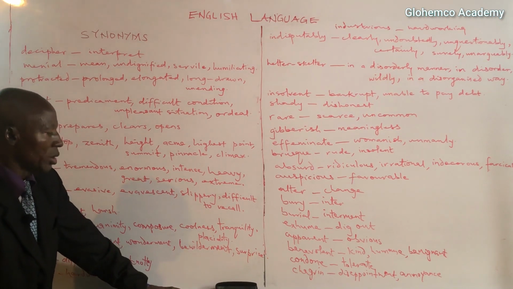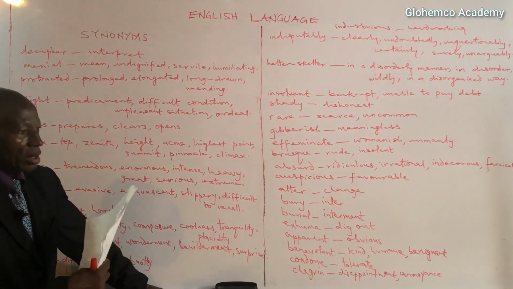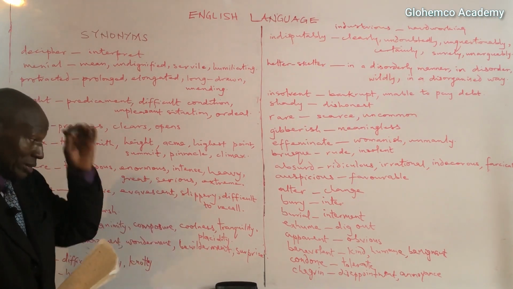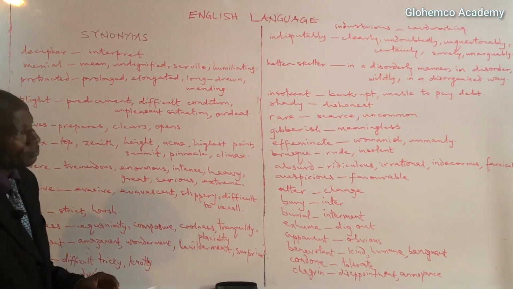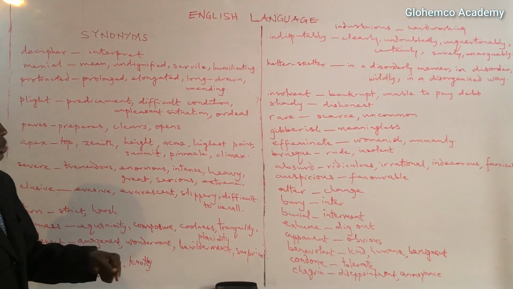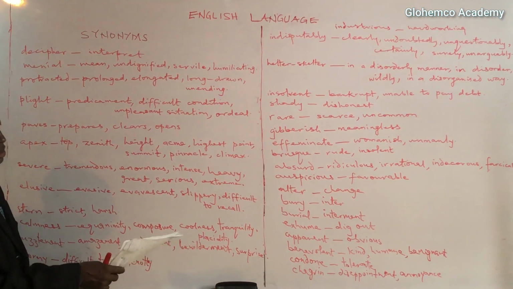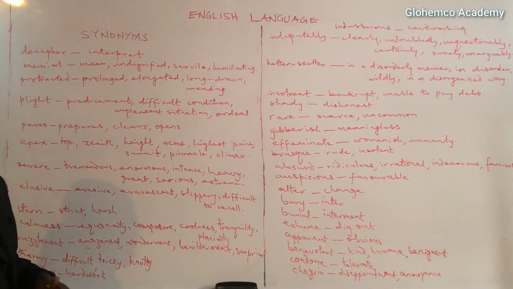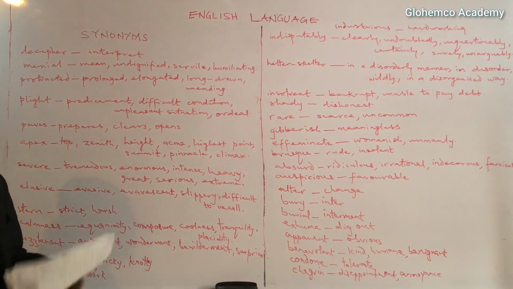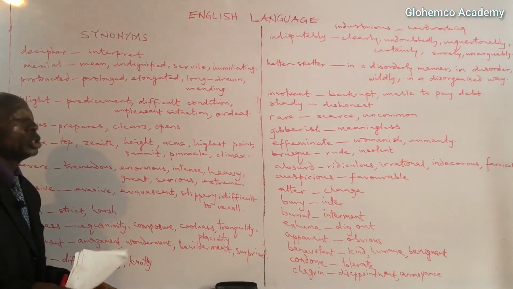Then we have chagrin. Don't forget, when I was teaching the other time, when we were having a look at consonant sounds, this is one of those words that have CH, but the CH is not pronounced as ch, but rather as sh.